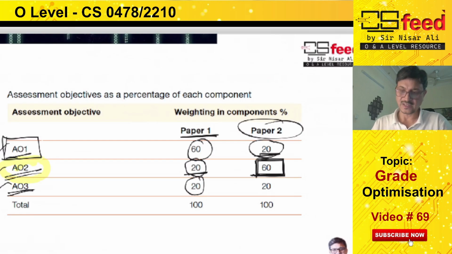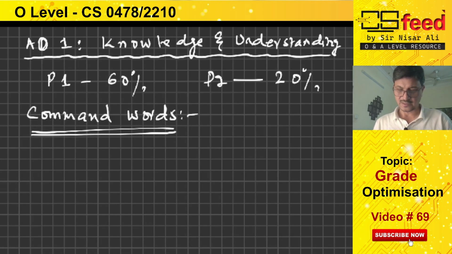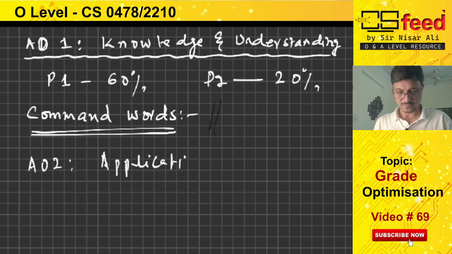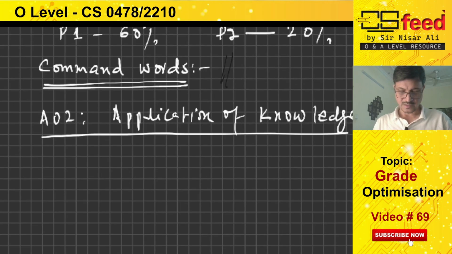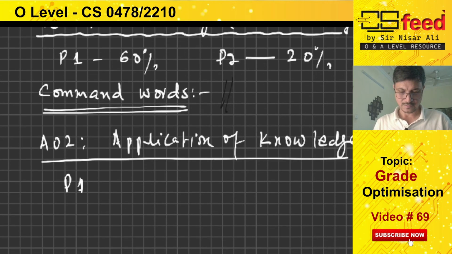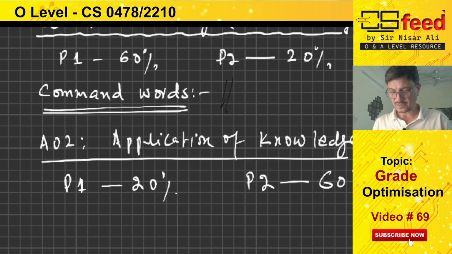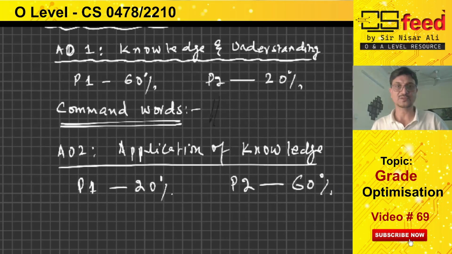As I said, the command words for assessment objective 1, I have already mentioned. Now assessment objective 2 is the application of knowledge. Paper 1 has 20%, and paper 2 has 60%. 60% of the questions in paper 2 are from assessment objective 2.